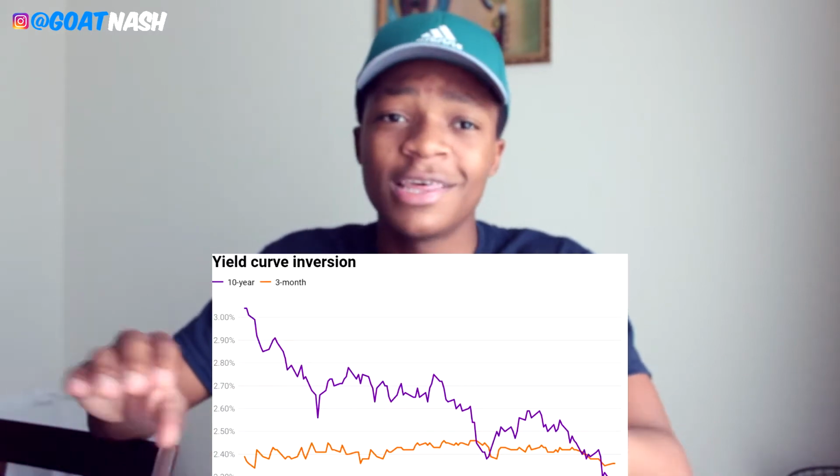And if you've been watching the news lately, you've probably heard about an inverted yield curve, and this is something that a lot of people don't know about, and it's really confusing. So basically, it is a point on the graph where short-term investments pay more than long-term investments, which is crazy because you should be getting paid more for long-term investments. They call it an inverted yield curve because it's the opposite of what it should be.